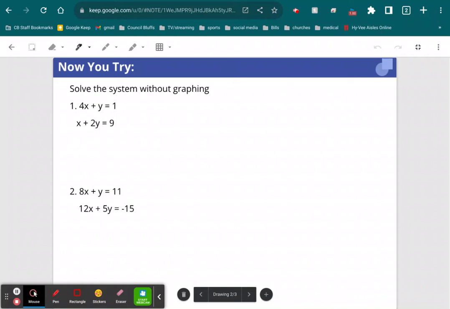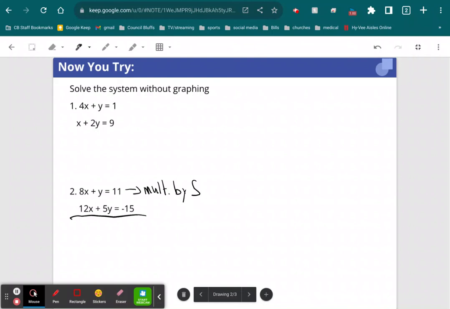If I subtract them, neither variable goes away, which means that now I need to do a multiplication. There isn't a single number I can multiply 8 by to get 12, but I could multiply the top equation by 5.